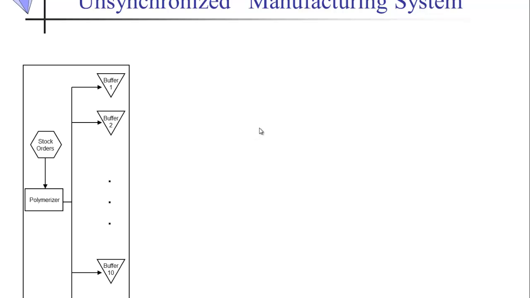They had one primary machine that started the whole process, called a polymizer, and it generated the raw material and different types of raw material for all the processes to follow. When we first started this, they were running off of an annual schedule. Now think about that.